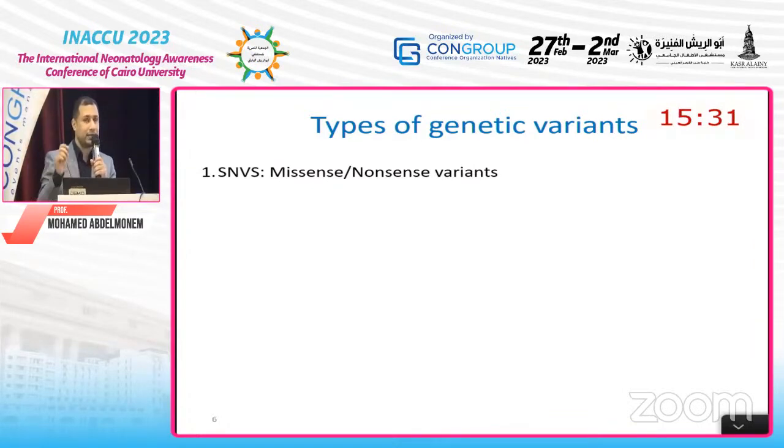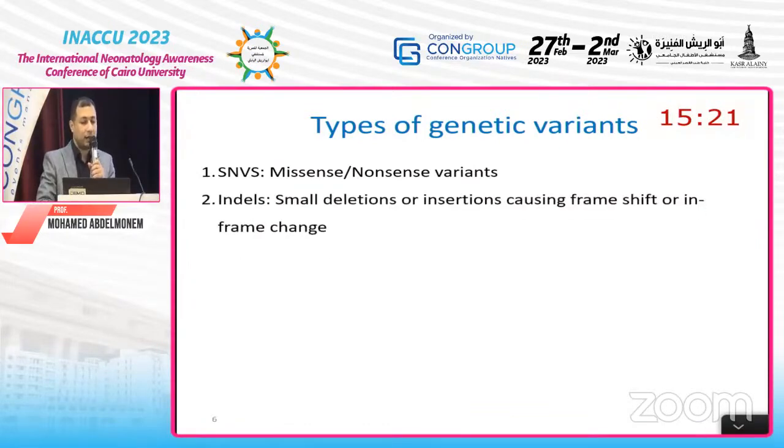Nonsense variants stop the translation of the DNA sequence into protein. There are indel variants, which are either insertions or deletions. They are small insertions or deletions that can cause a frameshift. The forming protein is not the same.